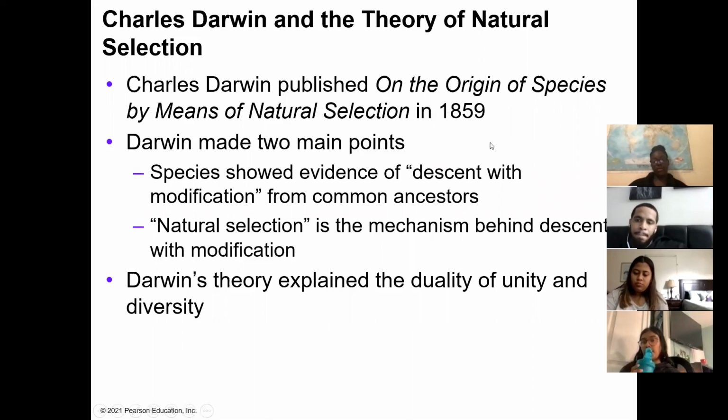By the time that he came up with his famous book, The Origin of Species, in 1859, there was a lot of evidence already gathered. At his time, paleontology was definitely on the rise.